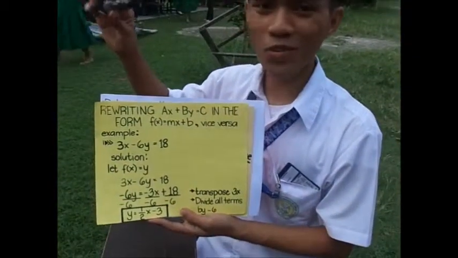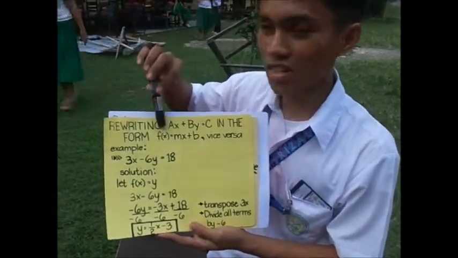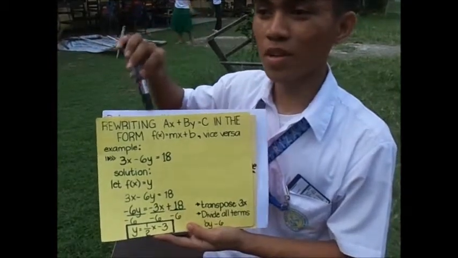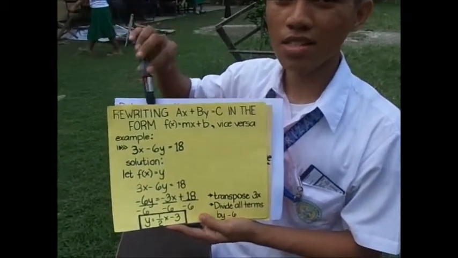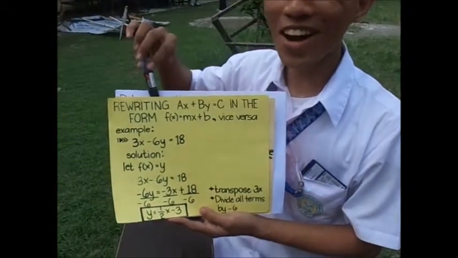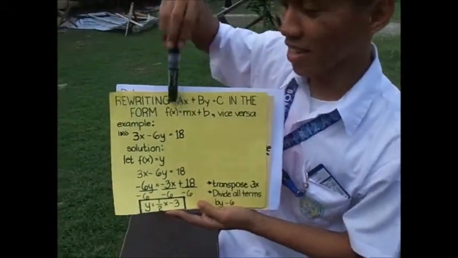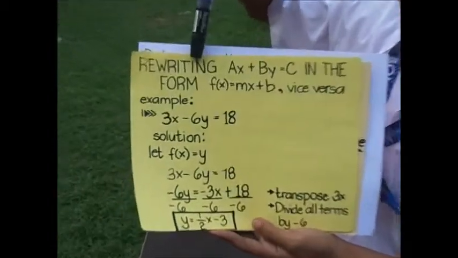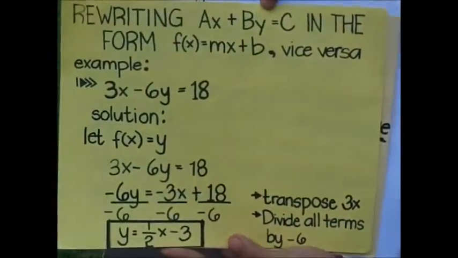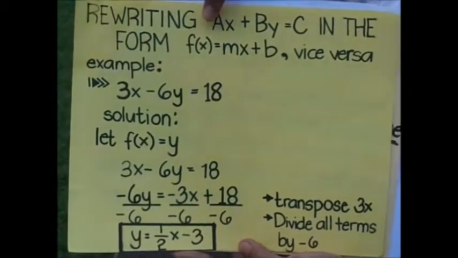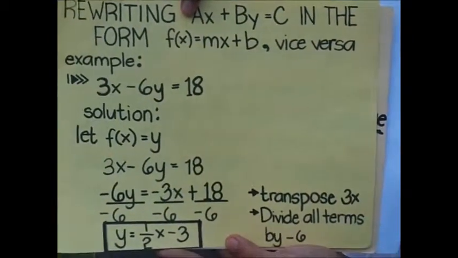Hello! So for further discussion about linear function, we will talk about the subtopics of the lesson. This subtopic is about rewriting ax plus by is equal to c in the form f of x is equal to mx plus b.